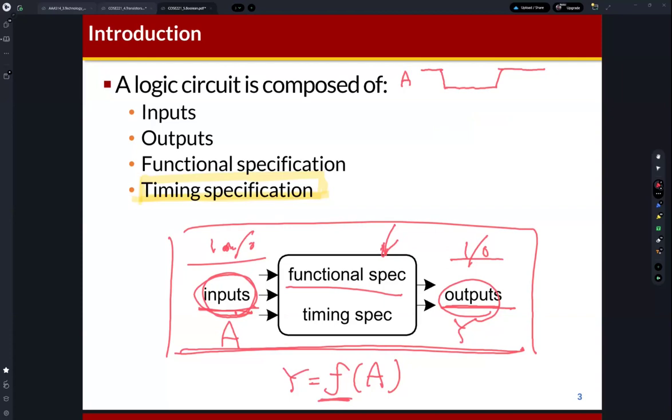So the signal values can change by time. The x-axis is the time, and the y-axis is the value, like 1 or 0. This is because this is a digital value.